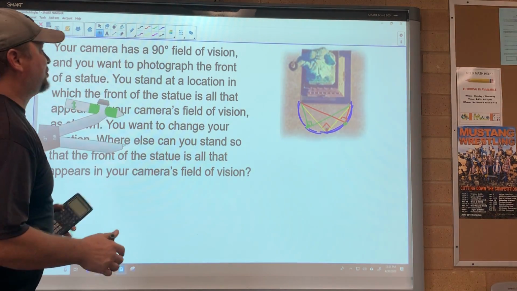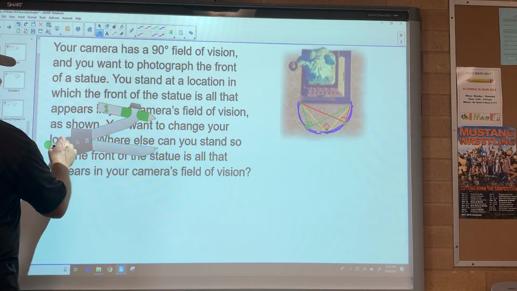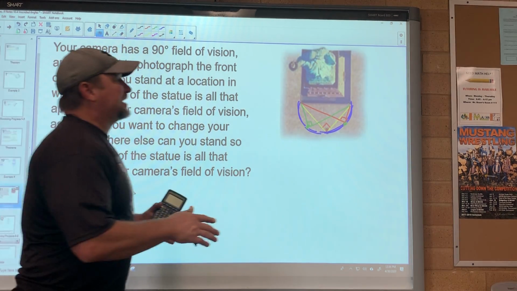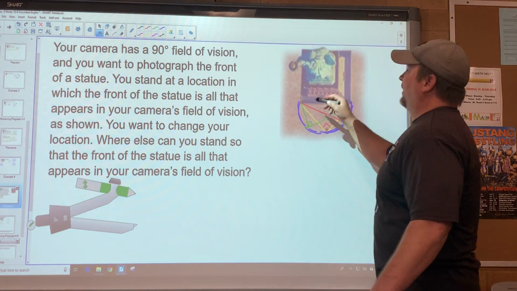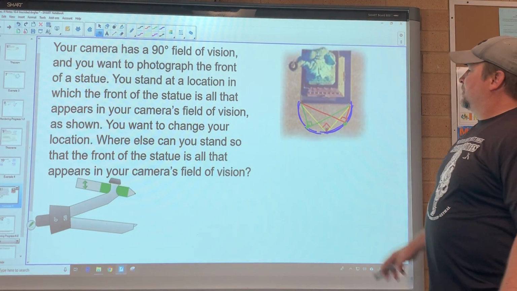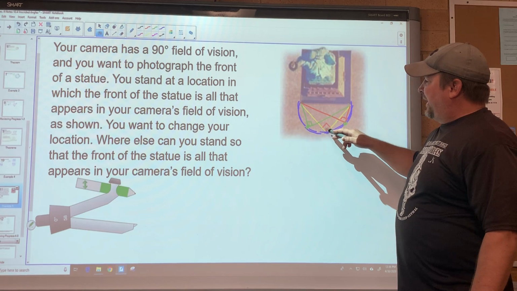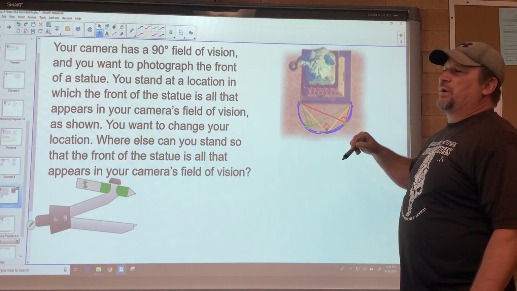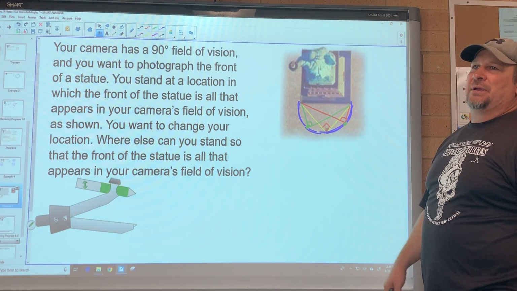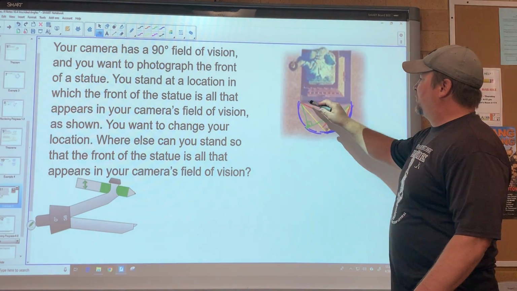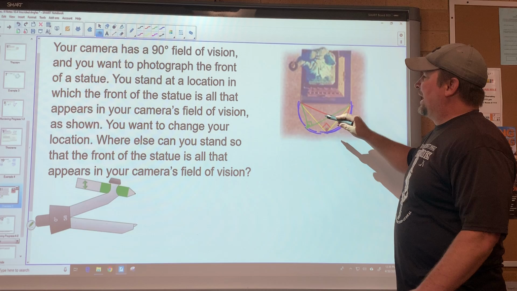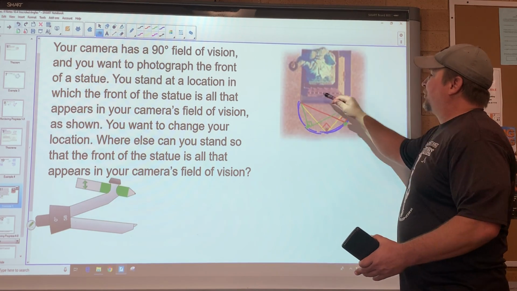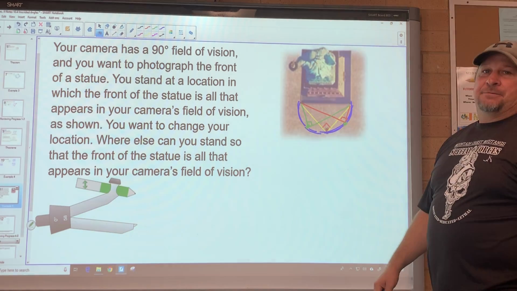So we've got only two other locations you could actually put it on to take the picture and only see the front of the statue. So basically, if we created a 90-degree angle here, anywhere I would want to take the picture would have to create an exact 90-degree angle on each spot, because we only want to see the front of it, and that would be the inscribed amount, which would be an arc of 180, if that makes sense. Okay?